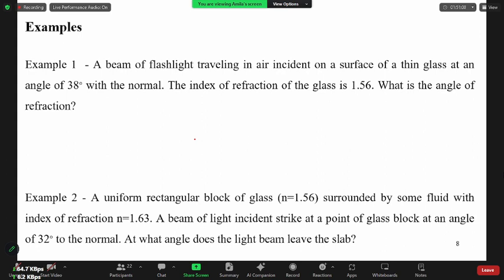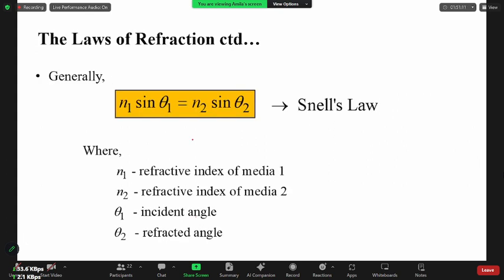Right. You have two examples. So please try this, taking a few minutes. Are there any questions regarding the laws of refraction and laws of reflection? Is it clear?